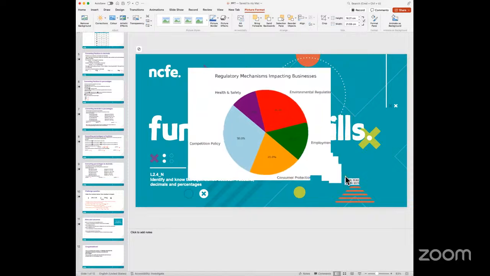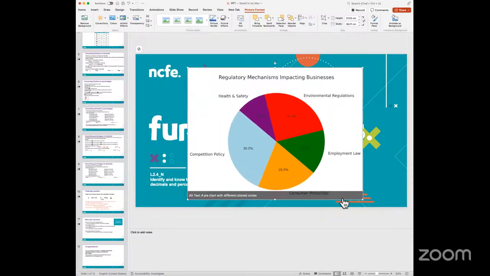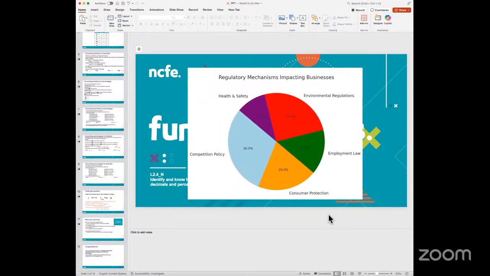So in this case, for example, a business would need to analyze how the regulatory mechanism which the government has impacts the business. For example, taxes, legislation, indirect taxes like VAT, or some of the other acts in terms of policies which the government introduces, and in some cases, competition.